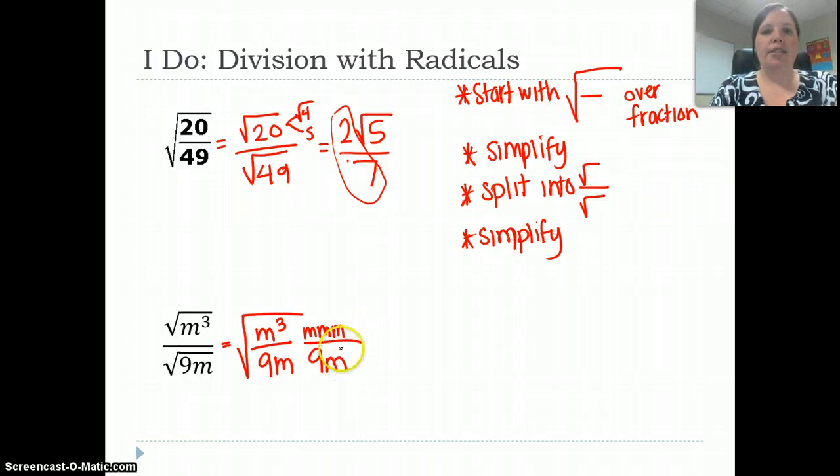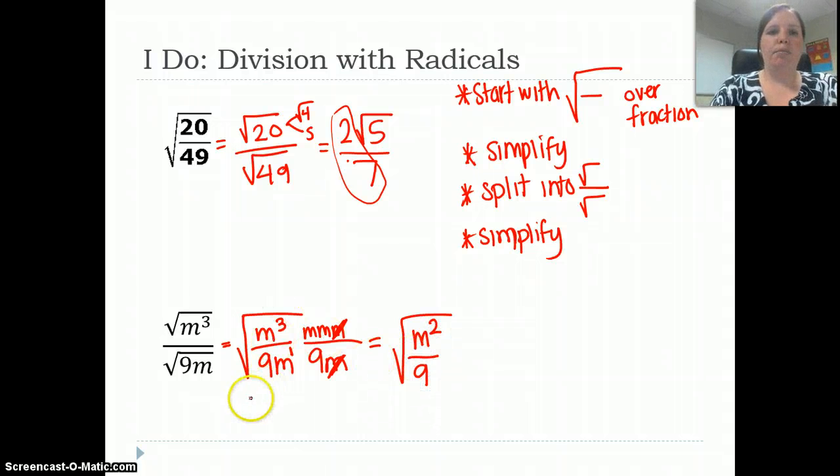What can happen here is I can simplify, and if you remember your exponent properties, you might be able to get this a little sooner. I can cancel out, I have a factor of m and I have a factor of m here. So what I have now when I simplify is m squared over 9. Because we have division here, you can subtract the exponents to get to your solution.